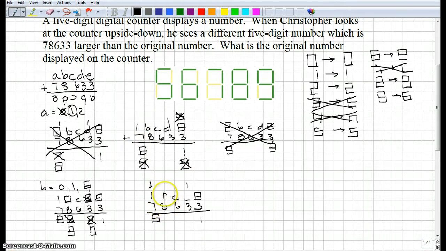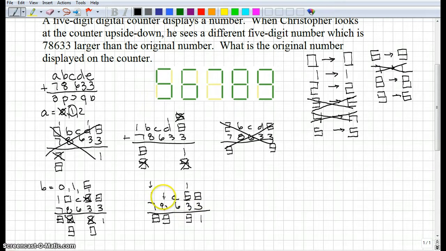So here, if we had a carry, we'd have a carry coming over from this C plus 6 column. If we had a carry, then we'd have an overflow onto the next column, and we don't want that, okay? So our only scenario that works is this would be a 9, and then this would be a 6. And then this would be a 9, right? Because 6 plus 3 is 9.